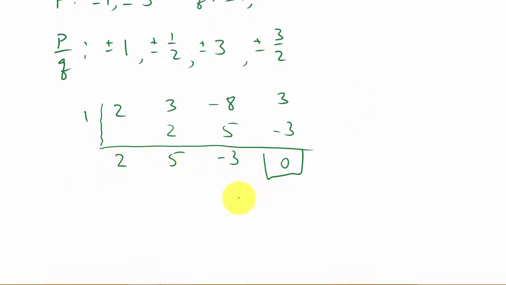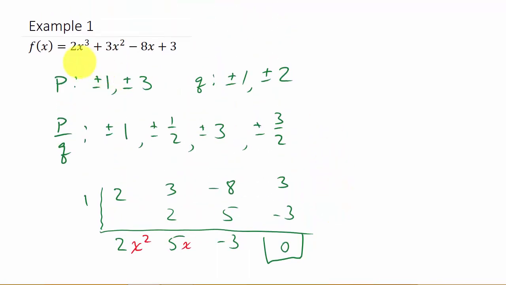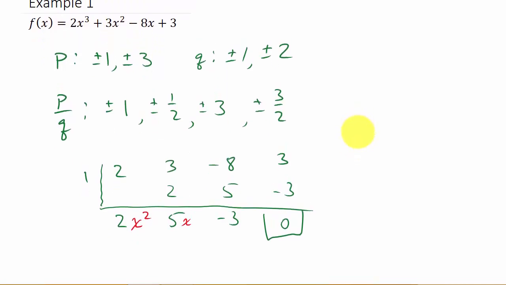Now, look what we're left with. If you remember, this would be x squared, x, and your constant term. So actually what's happening here is, you see this? It is the same thing.